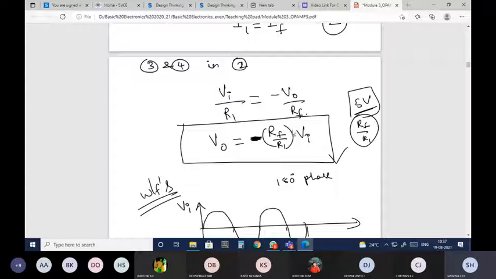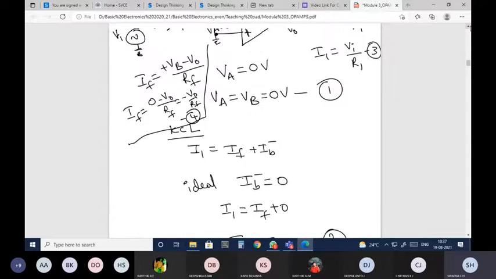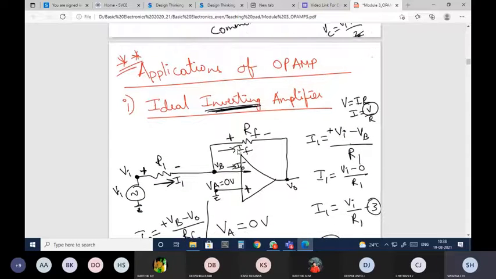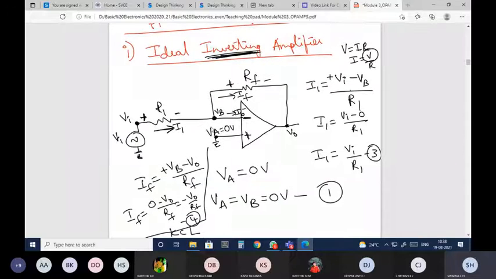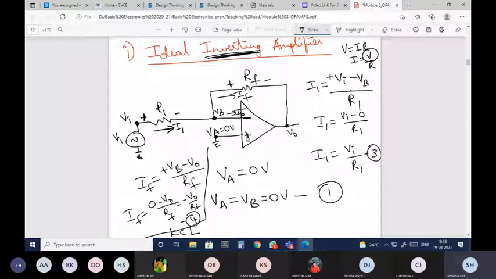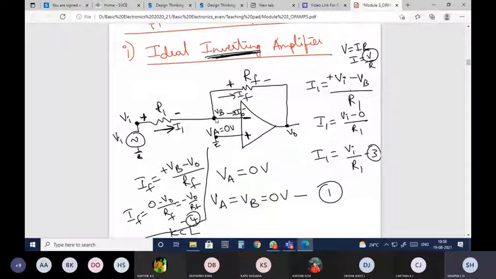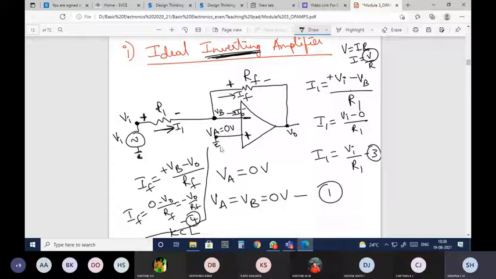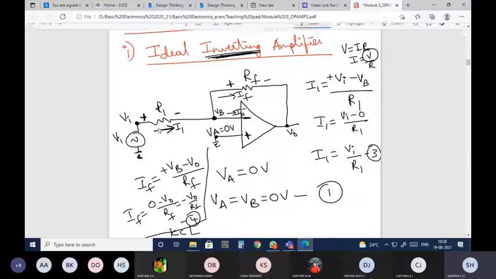In the exam, they may ask you, explain the inverting amplifier circuit of an op-amp. Then first thing, you need to draw the diagram. First mention what is the voltage of the non-inverting terminal. Then according to the virtual ground concept, what will be the voltages VA and VB? Then you need to properly specify the currents I1, IB, IF, everything.